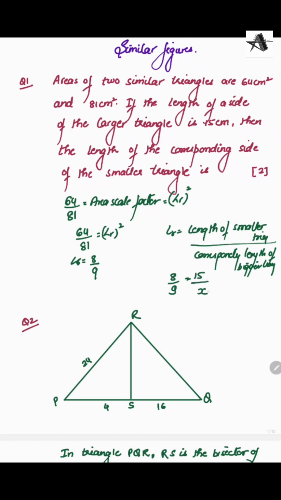Let's say it is x. So x is equal to 8 into 15 over 9. On simplifying, I'll get 3 into 5, that is 40 over 3 centimeters. This will be the length of the smaller triangle.